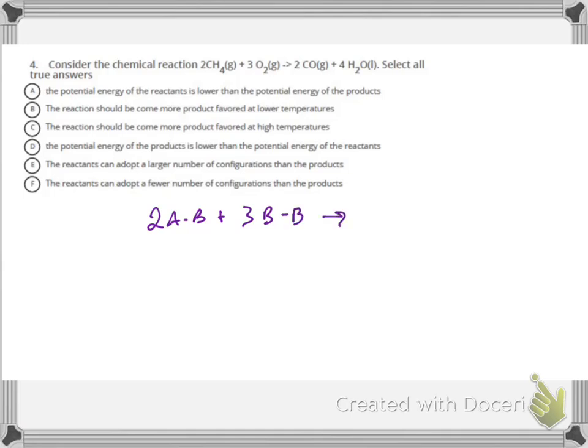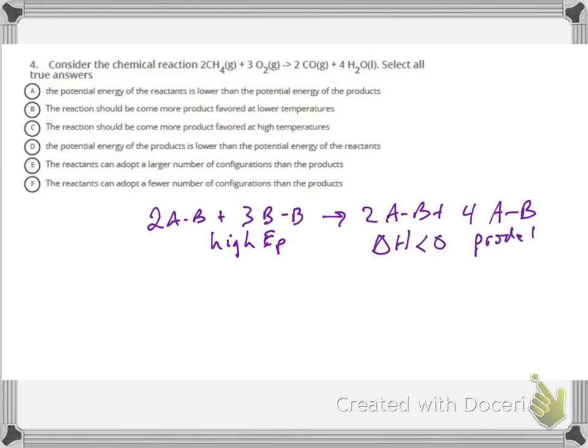Writing this in that notation, we have two ABs reacting with three BBs to make 2AB plus 4AB. We have many more AB bonds in the products. The reactants are expected to have high potential energy due to the 3BB bonds. So we'd expect this to be exothermic. Delta H will be less than 0. The potential energy of the products is lower.